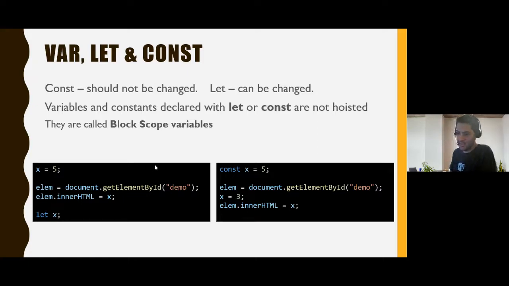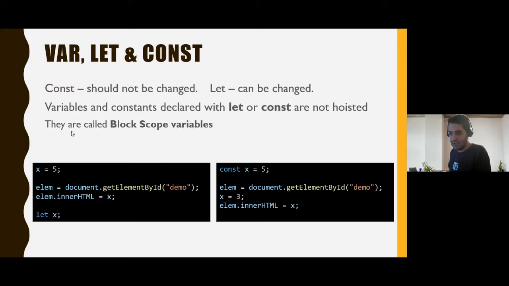So const is a variable that should not be changed. The name says it. It's something that should be constant and cannot be changed. And let is something that we can change. Now, the difference from var is that let and const are not hoisted. They don't have the same behavior as I showed before on var.